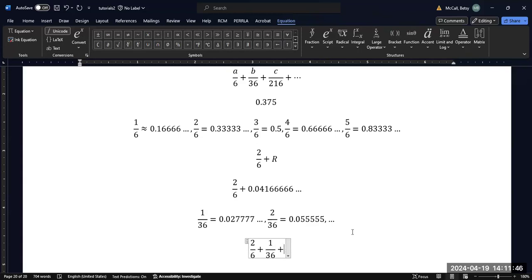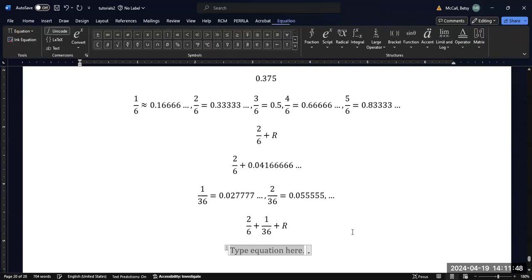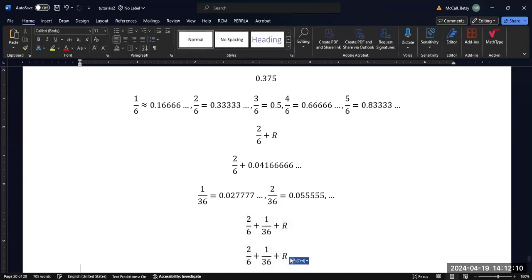And then what's left over? I'm going to take my 0.375 minus 1/3, my 2/6, and I'm going to subtract off another 1 over 36. My remainder is now 0.013888888.